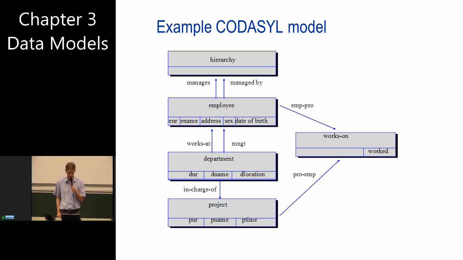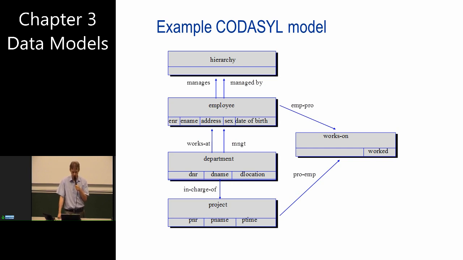Then we have two dummy record types, hierarchy and works on. Well, the works on dummy record type we already clarified earlier on. This is to basically model the many-to-many relationship type between employee and project. And in that works on record type, we also have worked, which is the number of hours a particular employee worked on a project. We also have the hierarchy record type. The hierarchy record type is going to model the recursive set type between employee to model the hierarchical responsibilities of employees.